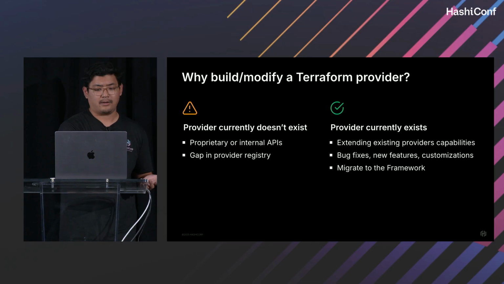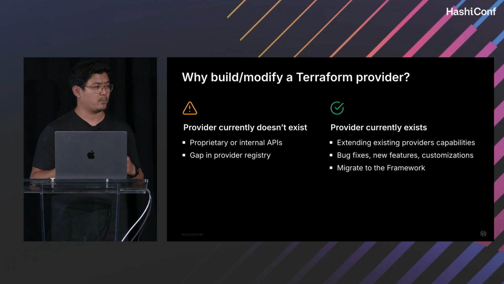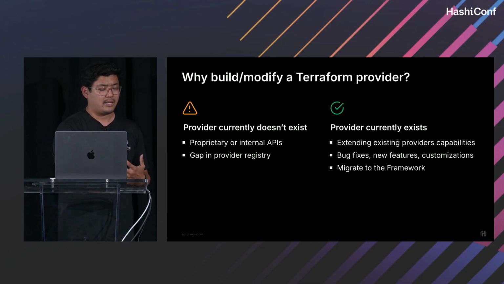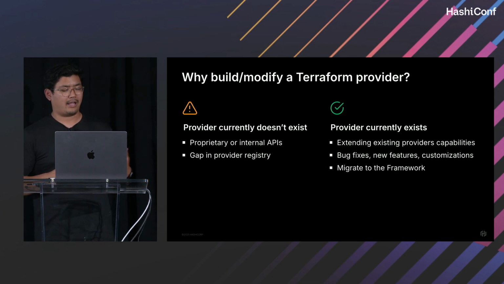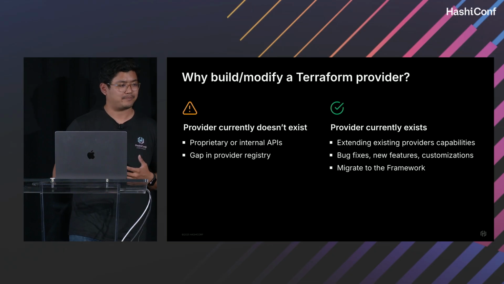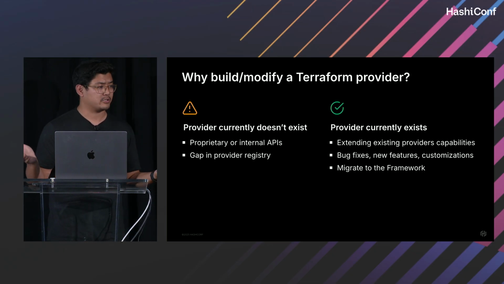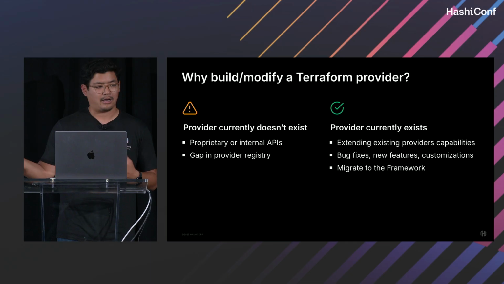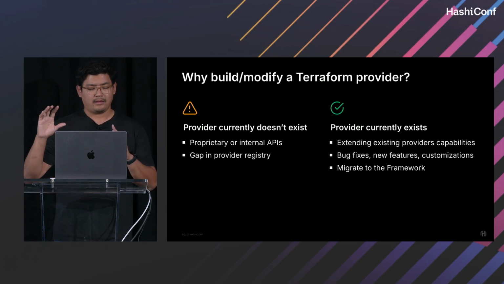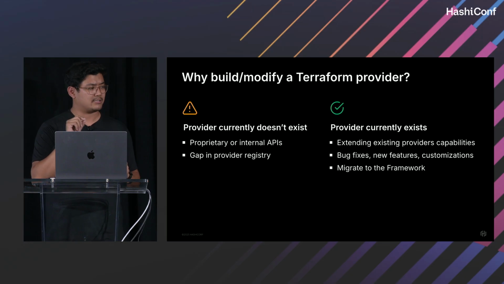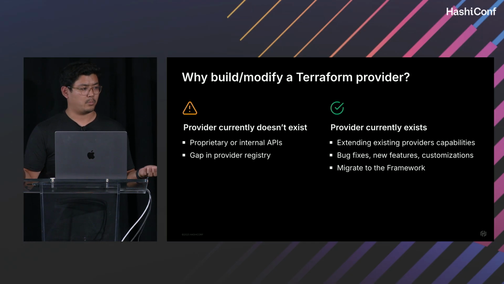The other not super obvious use case, but one that I think is way more interesting is when you modify a Terraform provider, right? So at a company I worked for in the past, we had a bunch of VMware servers. Since it was a large healthcare insurance, there were a bunch of regulations, and then their security protocol had them configure the infrastructure slightly different than what the official VMware Terraform provider would do.